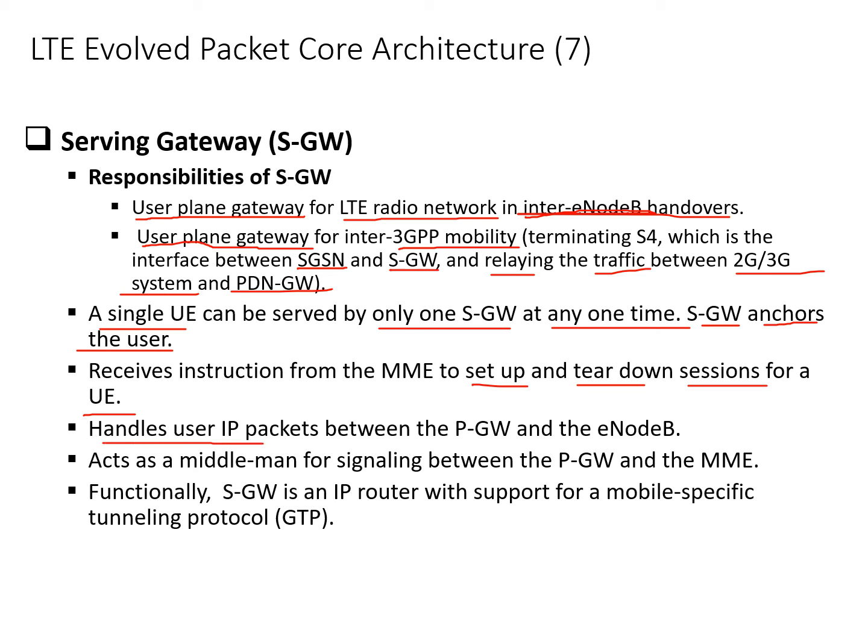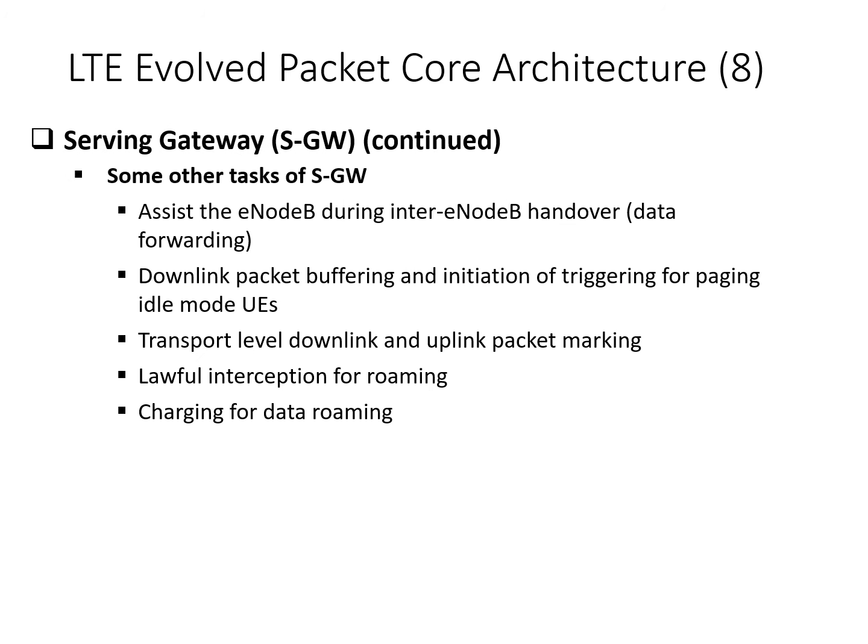So it handles user IP packets between the PDN gateway and the eNode B. It also acts as a middleman for signaling between the PDN gateway and the MME. Functionally, the serving gateway is an IP router with support for the mobile specific tunneling protocol, GTP.